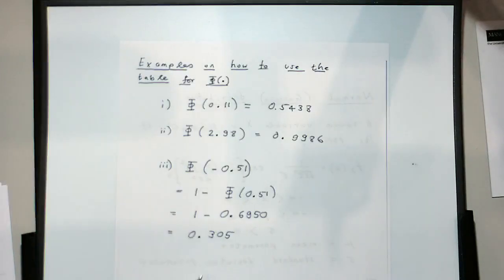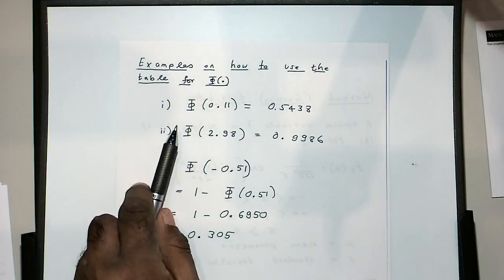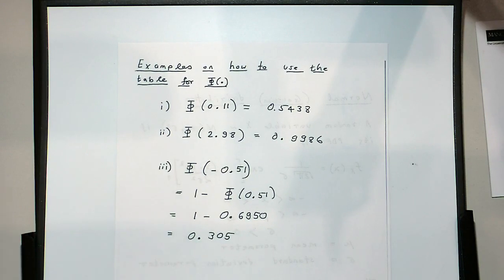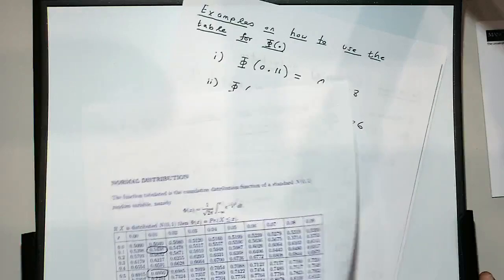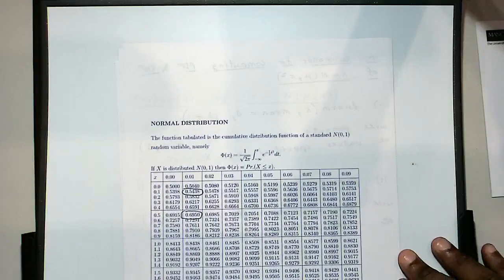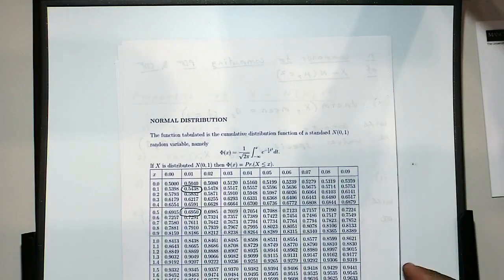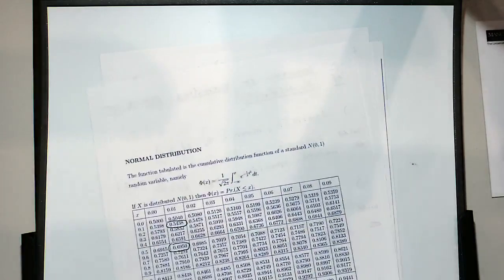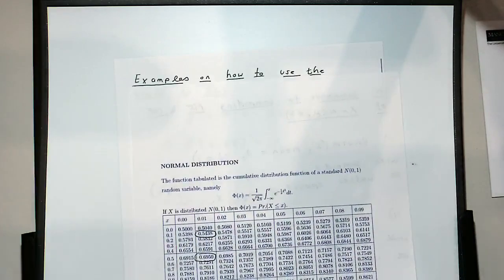This is an example on how to read the values of the function phi, and there's a table for that. So this is the table that you should use to read the values of the function phi. I explained that in the video, so I hope you watched the video, guys.